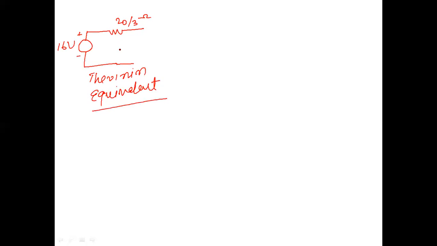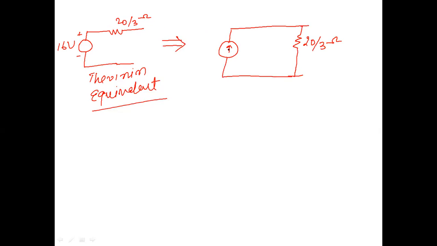We can directly go from here. This is a voltage source and resistance in series. We can convert it into a current source. So this is the current source, and we just put this resistance in parallel. This resistance is 20 by 3 ohm, and by converting this voltage source into a current source, we have to divide this voltage by resistance.